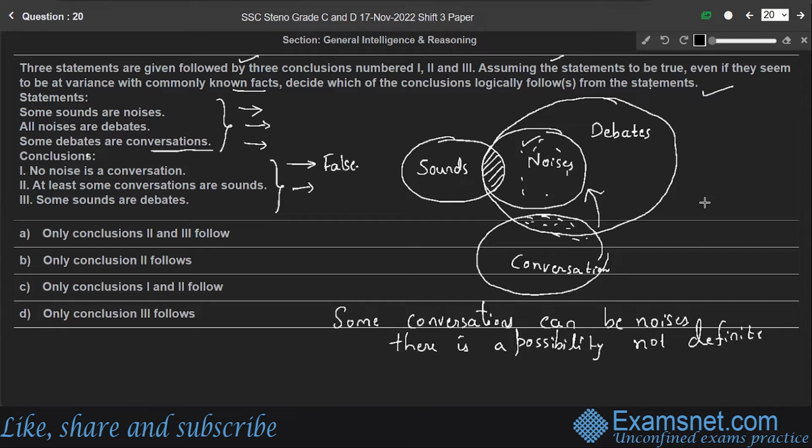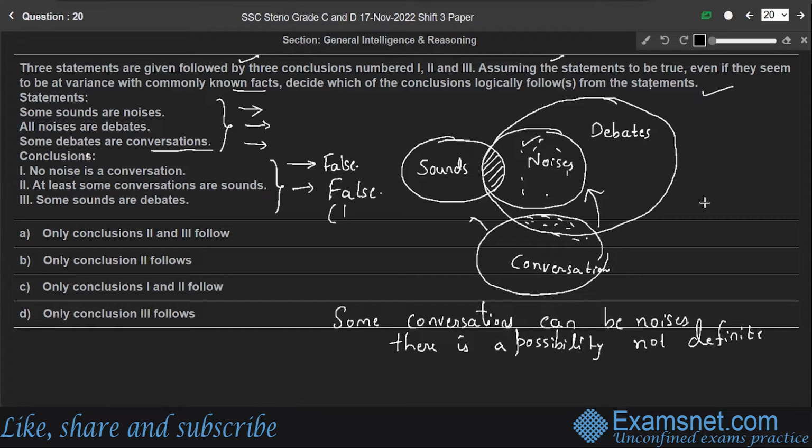And the second one, at least some conversations are sounds. At least some conversations are sounds, right? So here, there is no relation between sounds and conversations according to the statements. Therefore, here also we have to take it as a false conclusion.